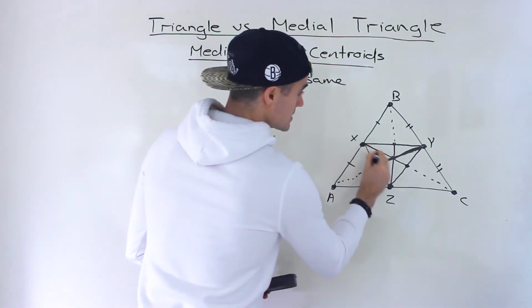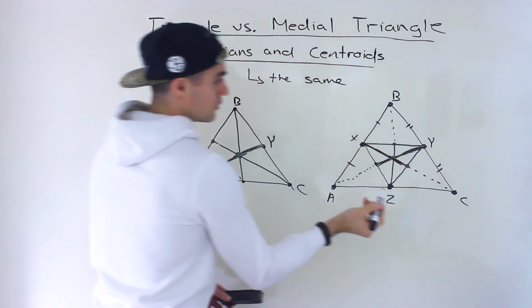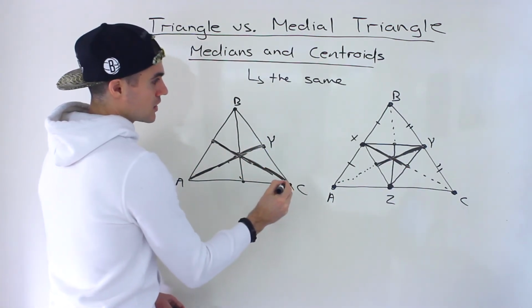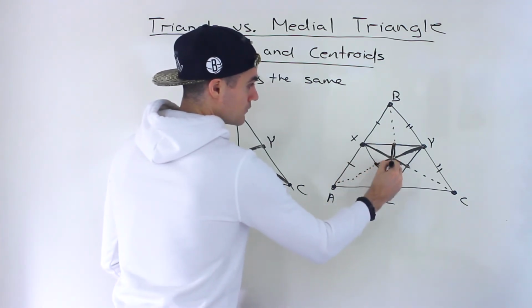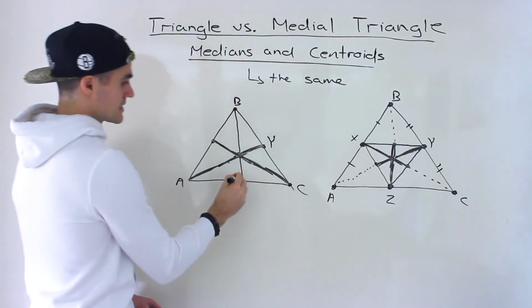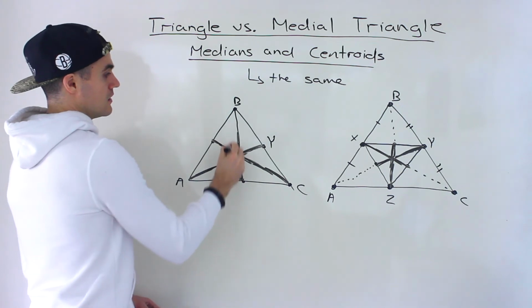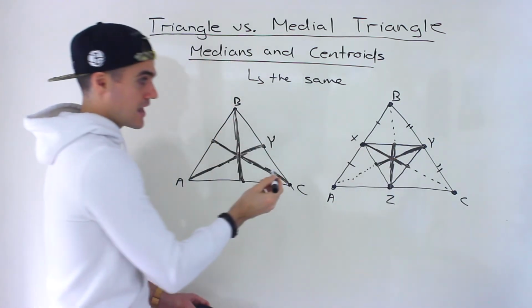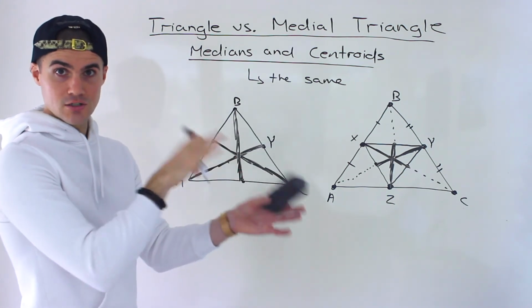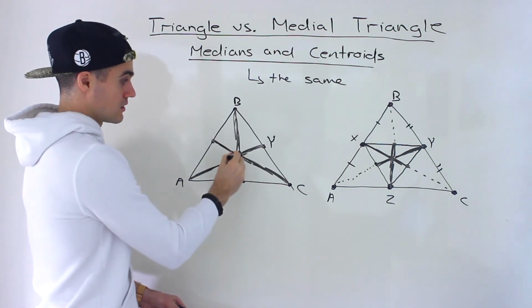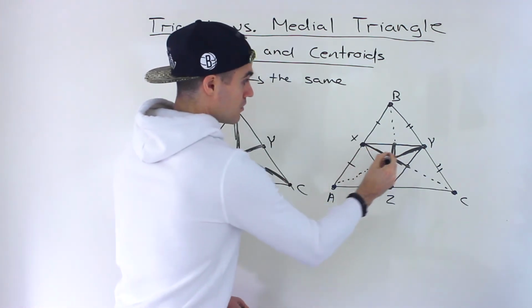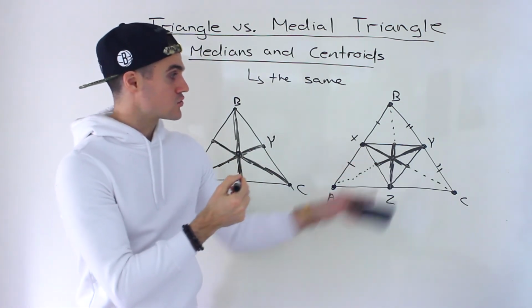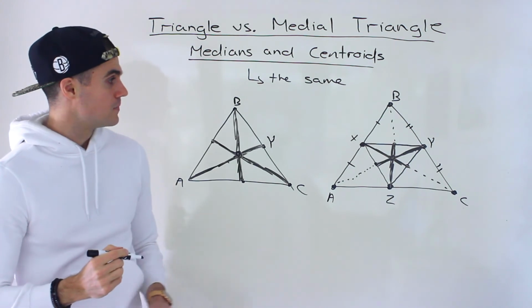Okay, and then this median over here, it's the exact same as this median of the larger triangle, and then this median of the medial triangle is the exact same as this median of the larger triangle. And so if the medians are the same, that means that they're going to intersect at the same point. And so the centroid of the larger triangle is also going to equal the centroid of the medial triangle.